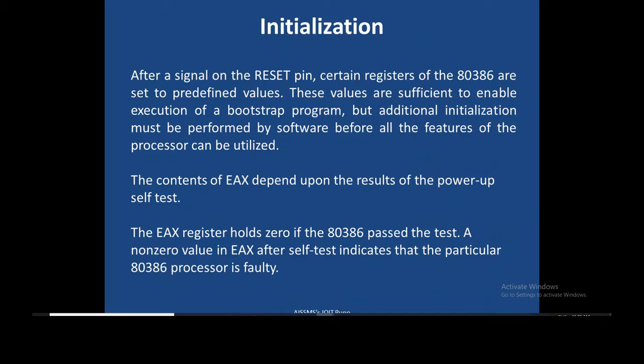Now, which is the first step? It is the power up self test. The processor takes the power up self test. By using this power up self test, the content of the EAX register depends on the result of this test. If the EAX register holds a zero value, then the 80386 passed this power up self test.